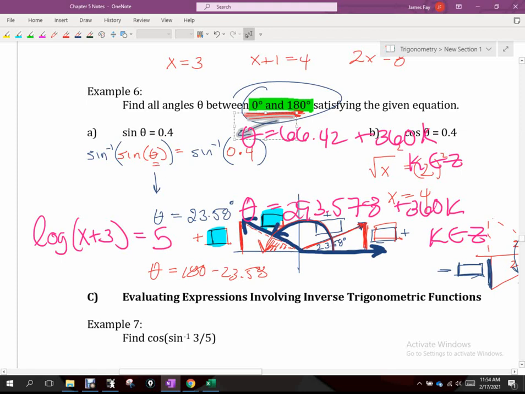Your calculator won't always give you everything you need. Does that make sense? So we can't rely fully on that.